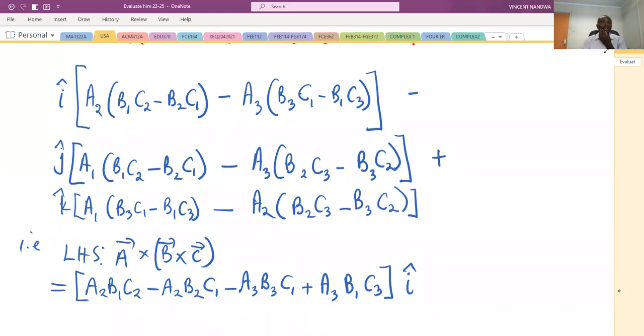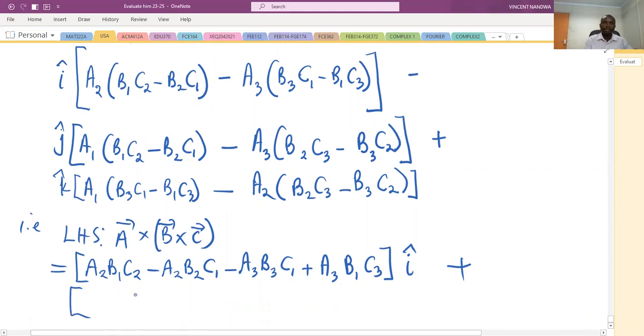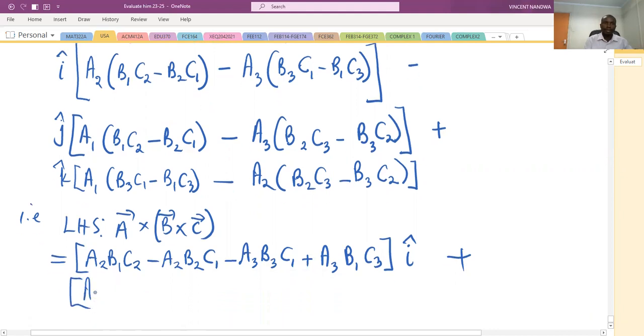And then j, we can make it positive by now starting with this term. So plus A3B2C3. Remember this one multiplies this plus, so minus A3B3C2.